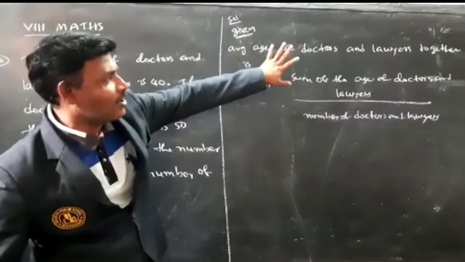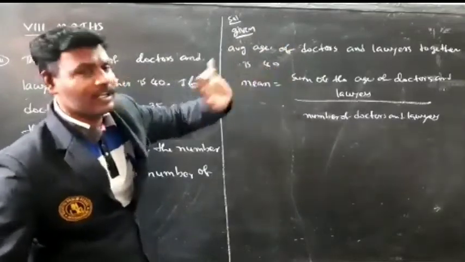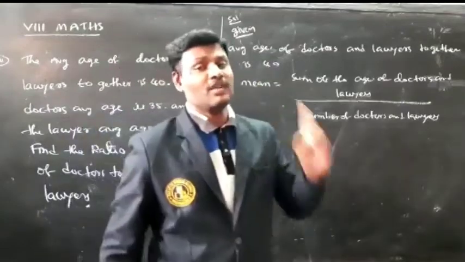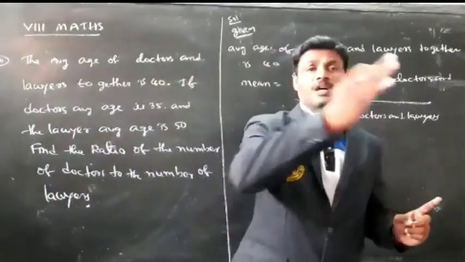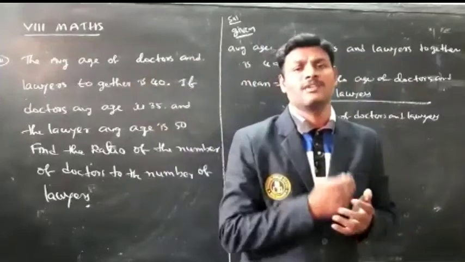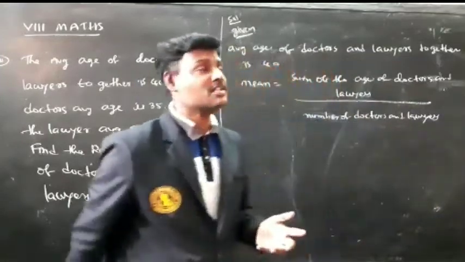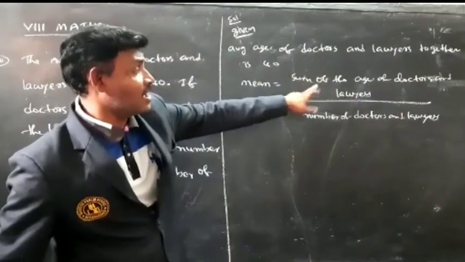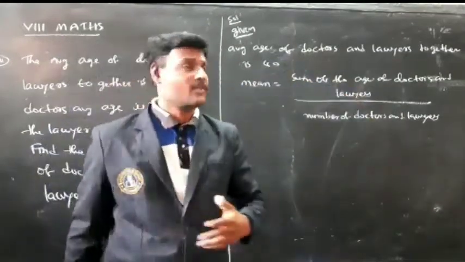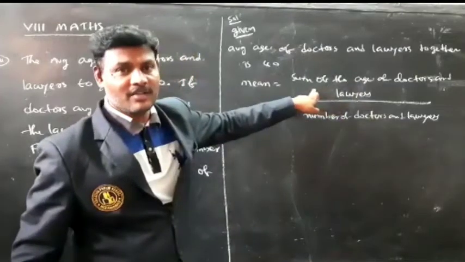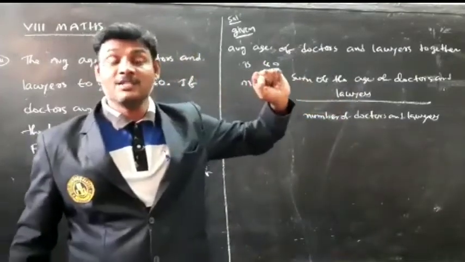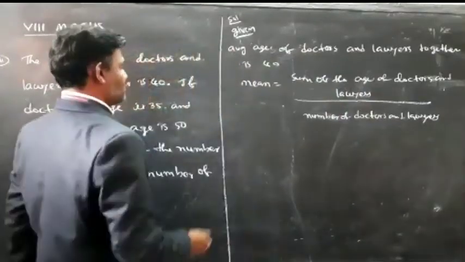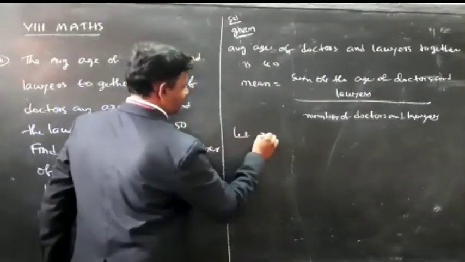The average age of doctors and lawyers together is 40. What is the meaning of average? Average is nothing but mean. Already you know the formula to find the mean: sum of the observations by number of the observations. Here the sum of the observations means the sum of the ages of doctors and also lawyers. Number of observations means number of doctors plus number of lawyers.